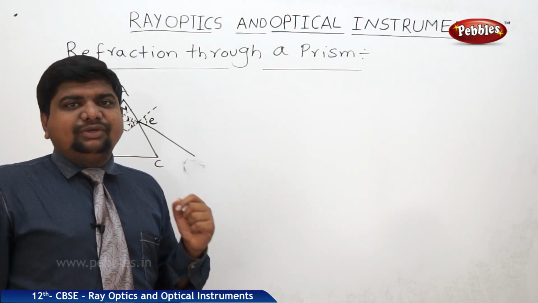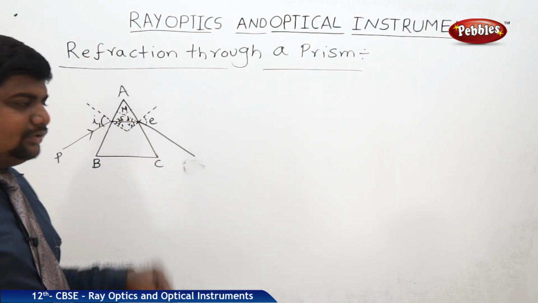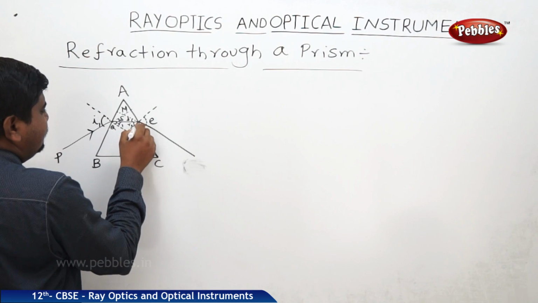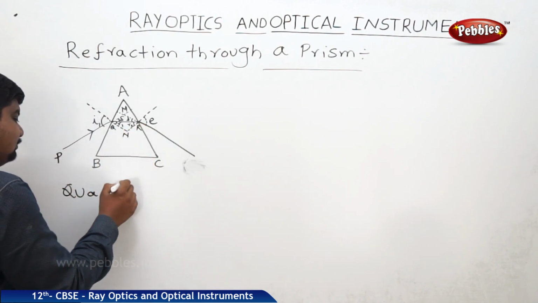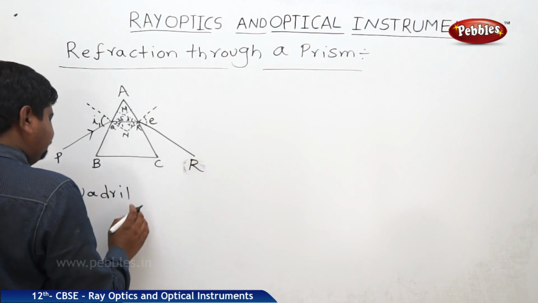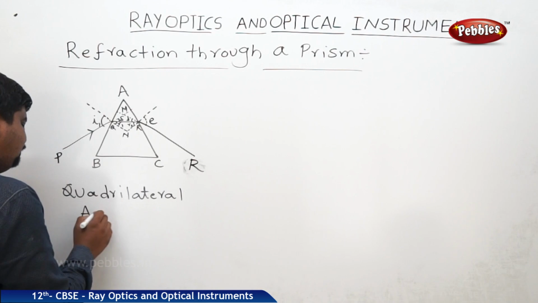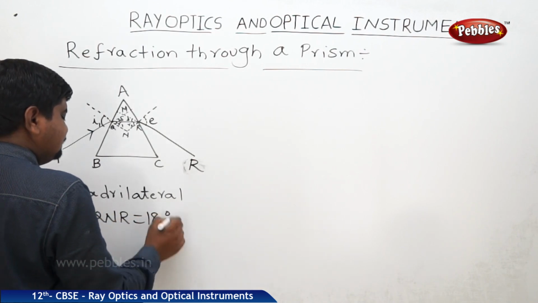But angle AQNR is nothing but angle A plus PQR. So we will write QNR, quadrilateral AQNR, the total angle is 180 degrees.